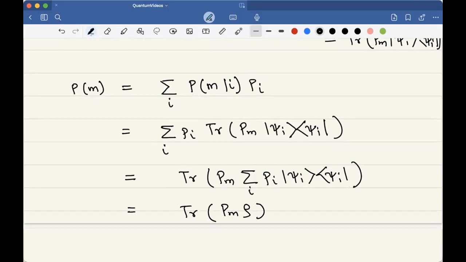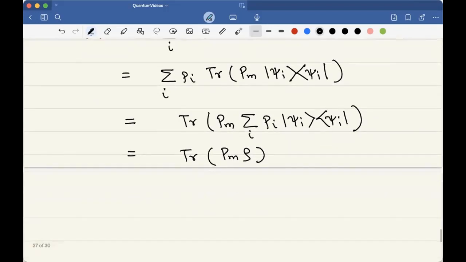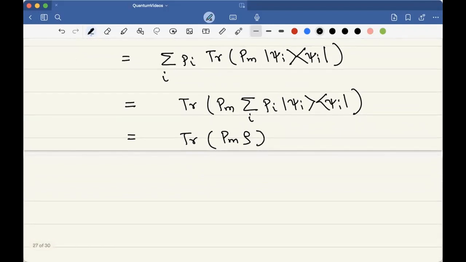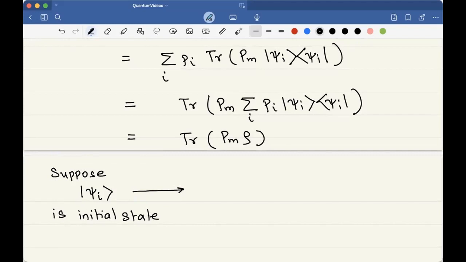What about the post-measurement state? Suppose the initial state was psi_i. If outcome m is obtained, then this state, as we know, transforms to another state.